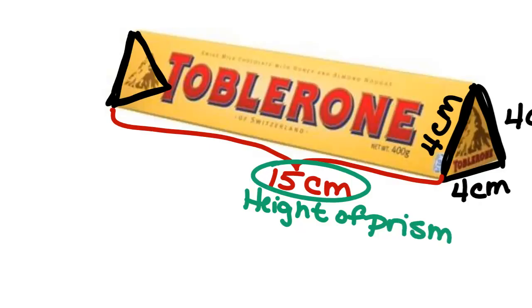The height of a prism is always the distance between the two congruent parallel bases. It doesn't matter if I lay it down or I stand it up or any other thing. The distance between the two bases will be the height of the prism.